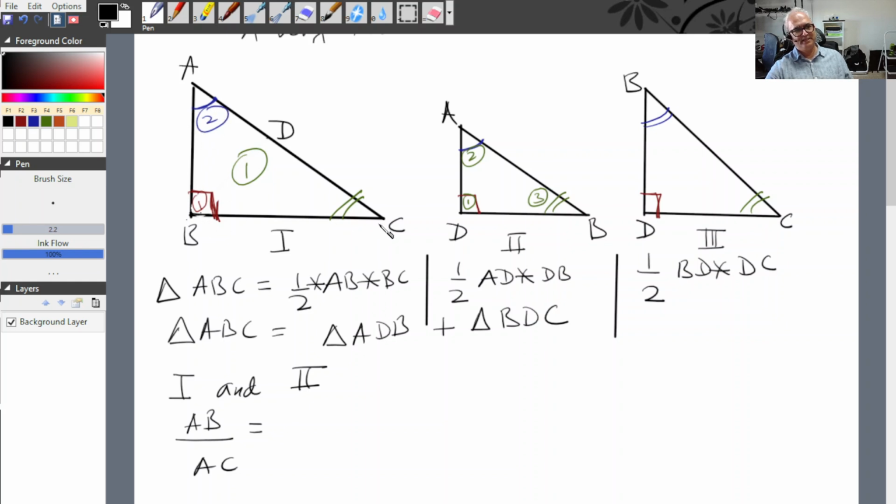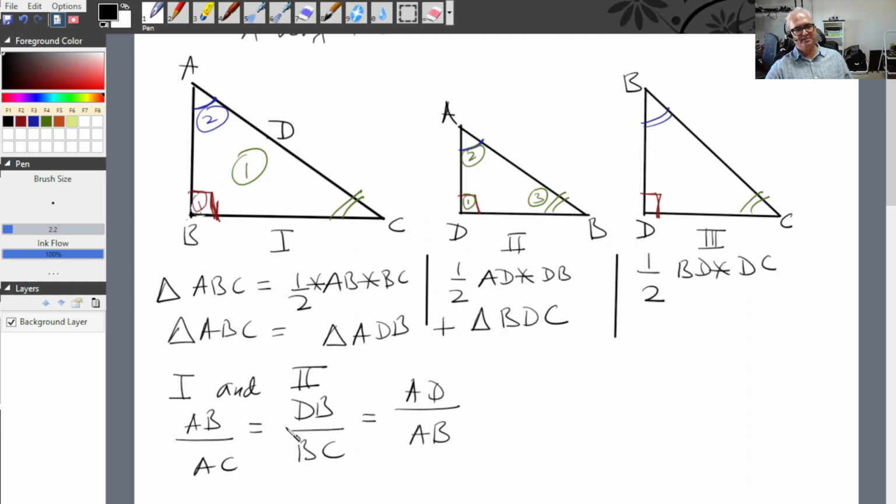So BC, DB, so DB divided by BC and the opposite of 3 is here, so that is AD, and opposite of angle 3 is AB.